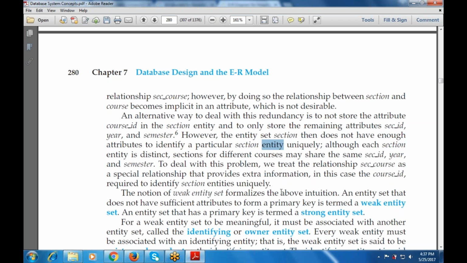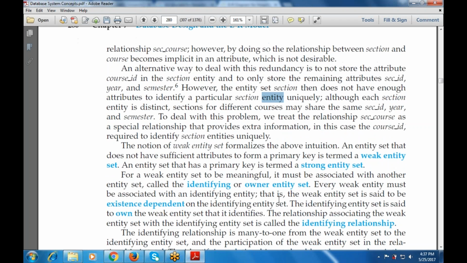And an entity set that has a primary key is termed a strong entity set. So for a weak entity set to be meaningful, it must be associated with another entity set, known as the identifying or owner entity set. And every weak entity set must be associated with an identifying entity. That is, a weak entity set is said to be existence dependent.